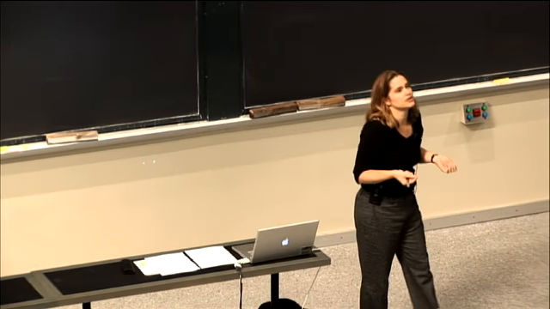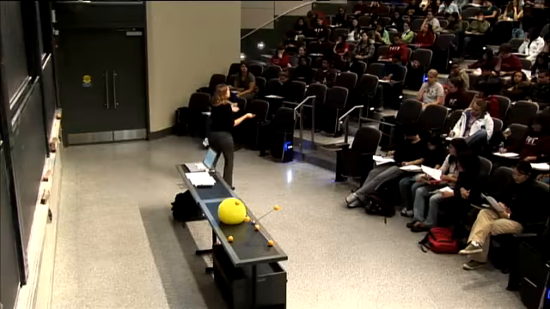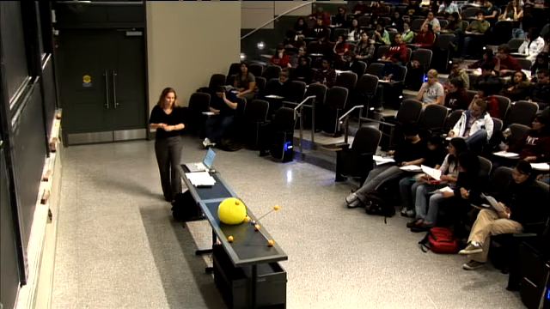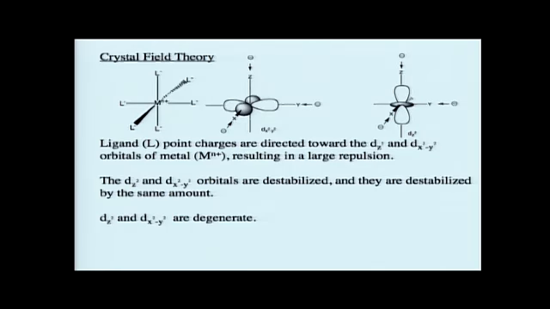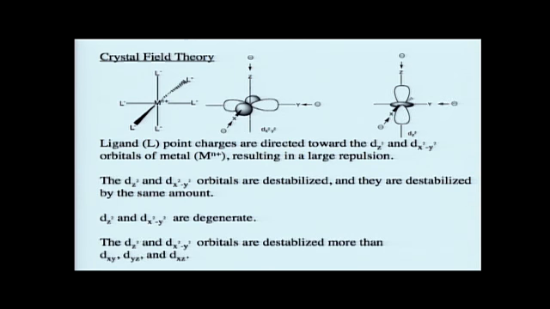So what's it called when orbitals are of the same energy? Yeah. So dz squared and dx squared minus y squared are degenerate. So the dz squared and dx squared minus y squared orbitals are destabilized more than the other three orbitals.